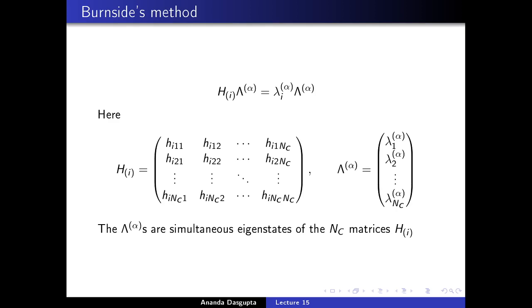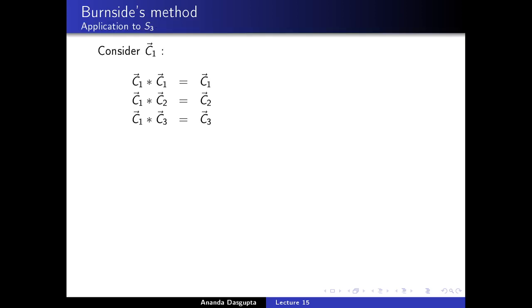Now let us just try to see how this works out in a particular example. And for this, what we are going to do is fall back upon our old friend S3 once again. Because we had already worked out the class products for S3, it should be very easy for us to write down H1.